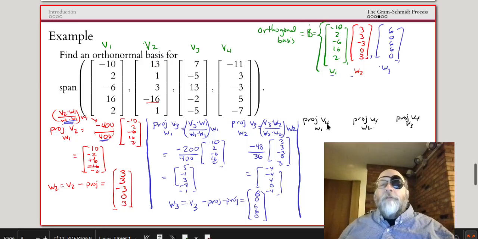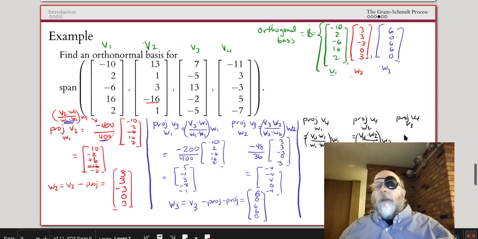So the formulas for these are V4 dot W1 over W1 dot W1 times W1, V4 dot W2 over W2 dot W2 times W2, and V4 dot W3 over W3 dot W3 times W3. Let's dig in.